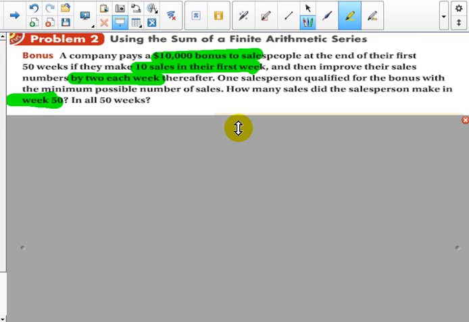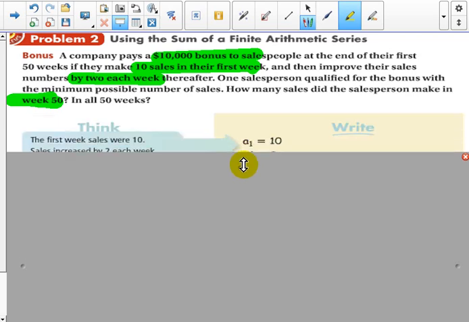So let's see, and this goes on for 50 weeks, so we know it's a finite series of 50 terms. We know the beginning term, but we need to find the 50th term. Right? So we need to know what that last one is so we can plug that into our series and get the sum of all 50 weeks.